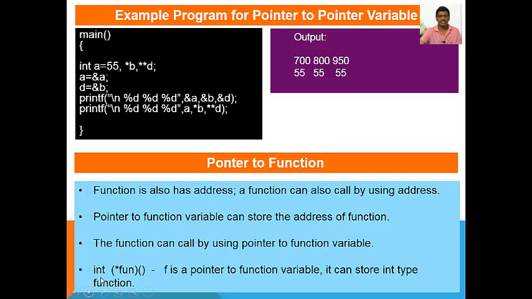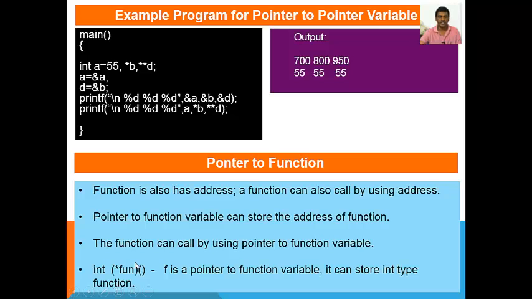So this is the function pointer variable declaration, that is, pointer to function. If you want to store the address of an integer type function, if your function returns an integer, we can store that address in an integer function pointer variable. So: int (*fun)(). This fun is a pointer to function variable. This variable can store the address of a function.